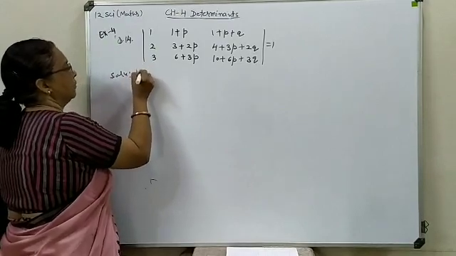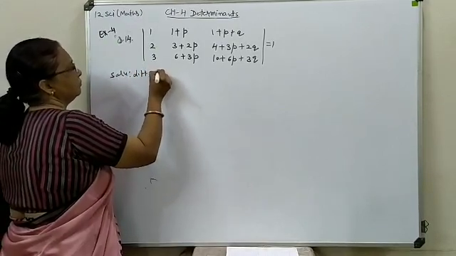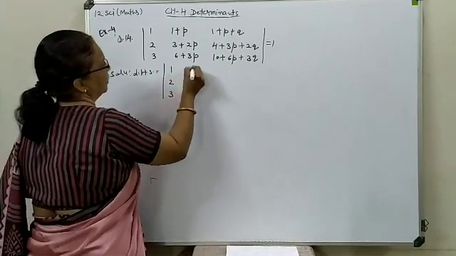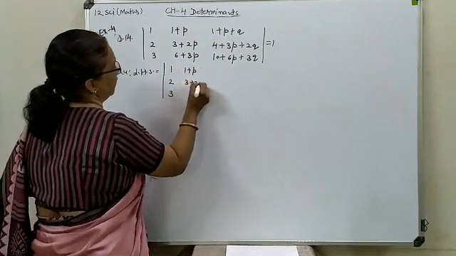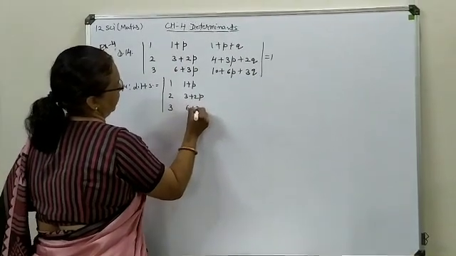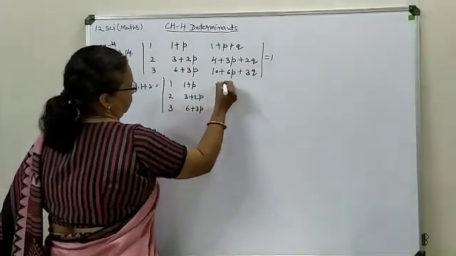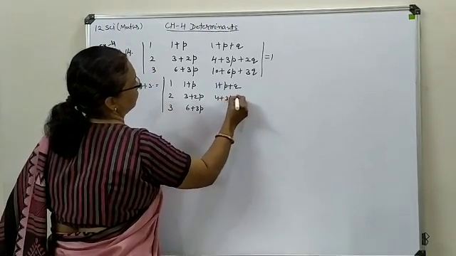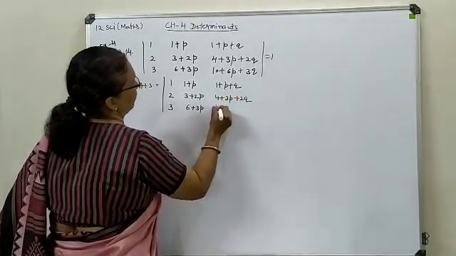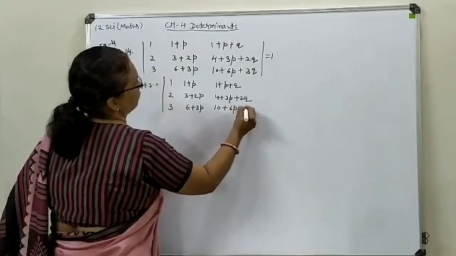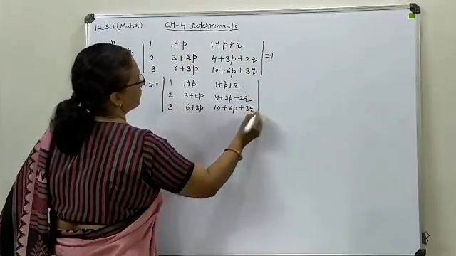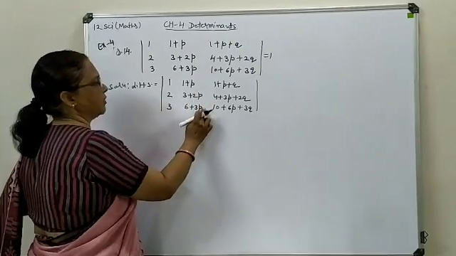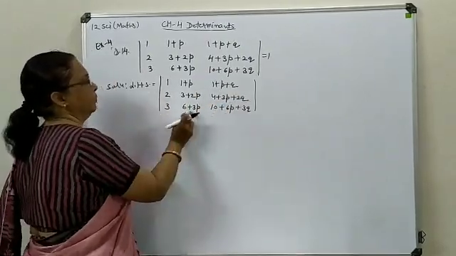Your question is 1, 2, 3, 1 plus P, 3 plus 2P, 6 plus 3P. Now here we try to make cancellation of the second term and this third term.